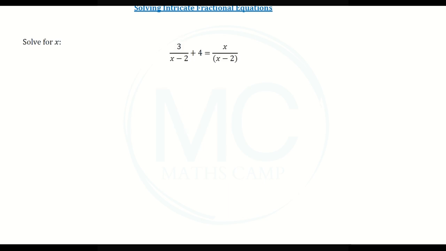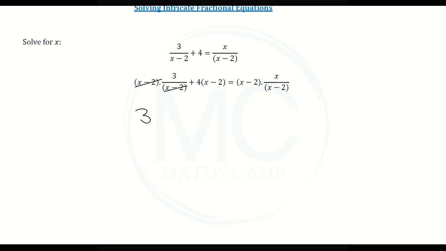3 over (x minus 2), plus 4 is equal to x over (x minus 2). The denominator is x minus 2. So the first thing we need to do is multiply each term by x minus 2. And now we can simplify. We have x minus 2 and x minus 2. These will cancel and we're left with 3.